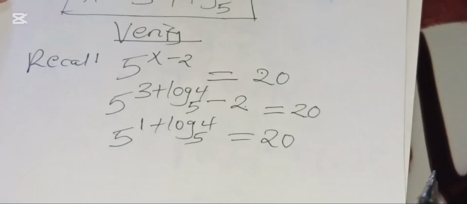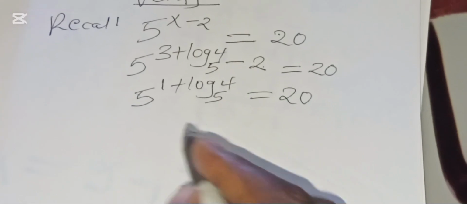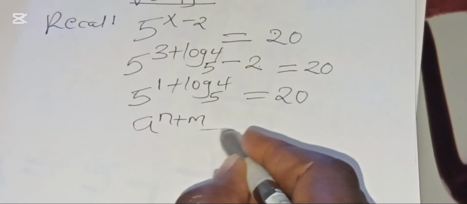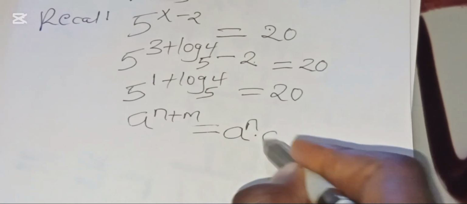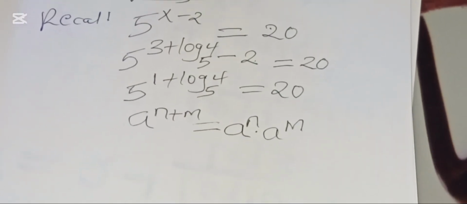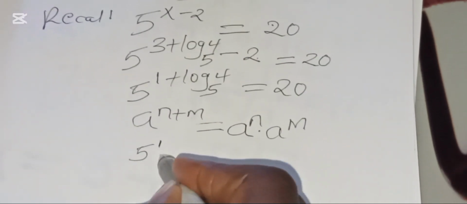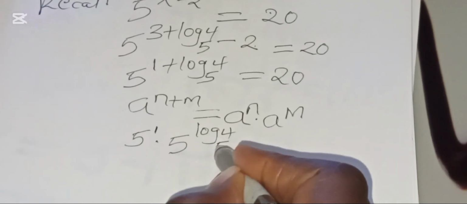Now from what we have here, 5 raised to power 1 plus log 4 to base 5, this is in the form of a raised to power n plus m, which we can express as a raised to power n multiplied by a raised to power m. So we'll have 5 raised to power 1 multiplied by 5 raised to power log 4 to base 5.